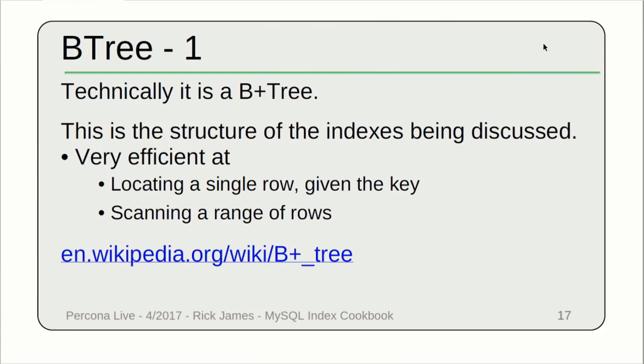It's good at finding a single row, but terrible at a range of rows. And for that reason, I would argue that MySQL does not have a hash index, except for one obscure case. And B-tree is an excellent overall indexing method. The plus in B+ tree means that there's some extra low-level stuff that makes it even easier to do the range. You start here and go forward.